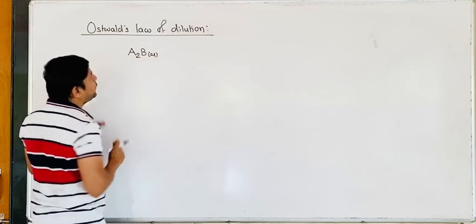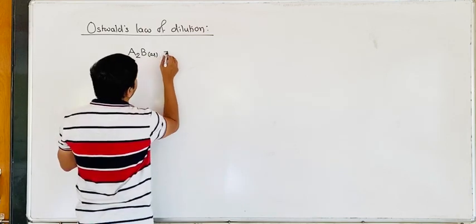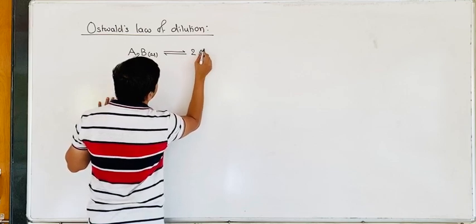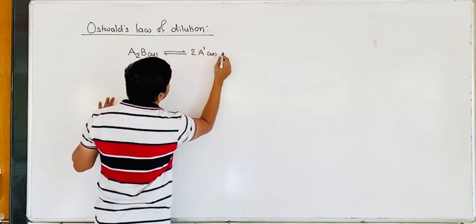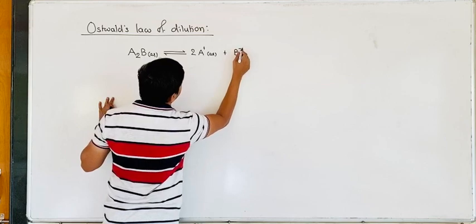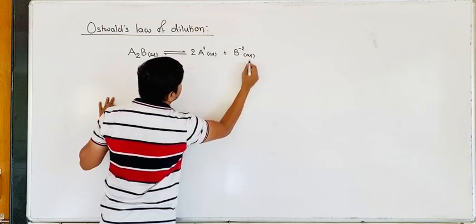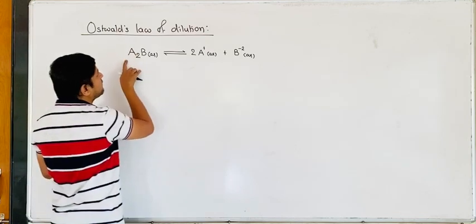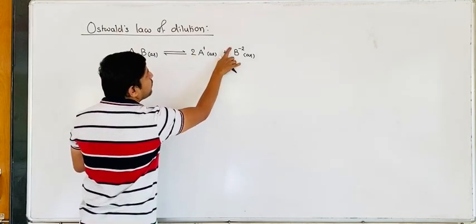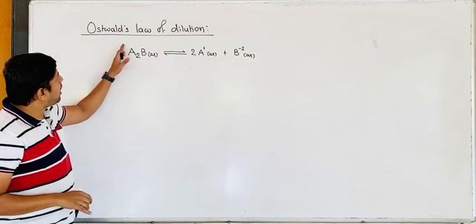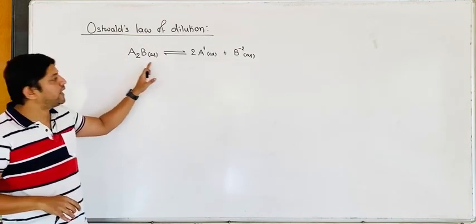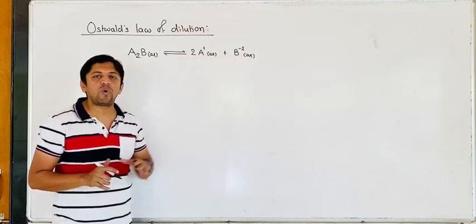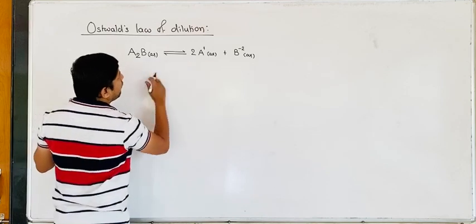When this salt A2B (aq) dissociates into its own ions, it will result in formation of 2A+ (aq) plus B2- (aq). That means stoichiometry of this dissociation process is 1:2:1. When 1 mole of salt A2B is dissociated, 2 moles of A+ ions are formed and 1 mole of B2- ions is formed.